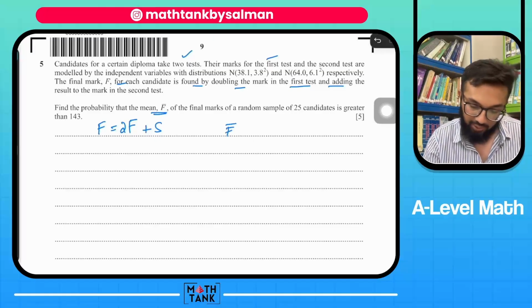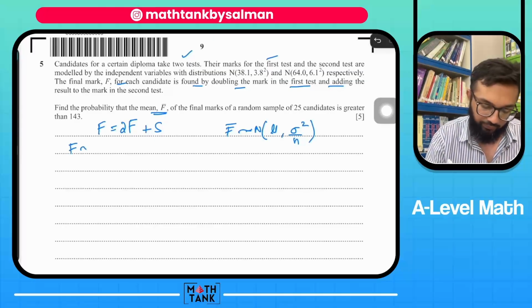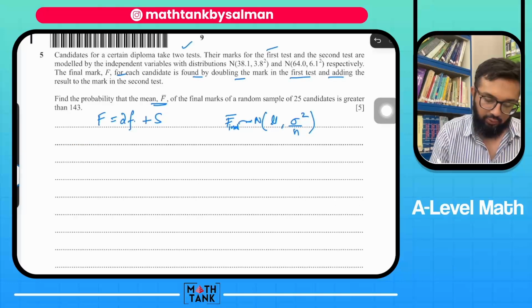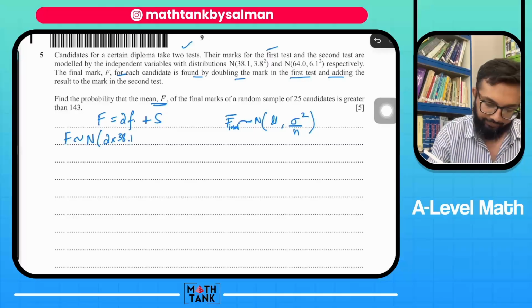Okay, this is a sampling question. So F bar should follow a normal distribution with mu and sigma square divided by n. So let's first find the final mark. Okay, then the final mark is 2 times 38.1 plus 64.